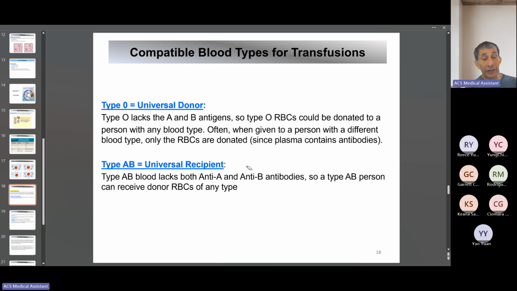See, it's totally different. When I donate, I give away my blood, and any type can receive it. That is donor. Now it's the opposite. I can accept blood from any type. So AB is considered universal recipient or receiver, if you will.